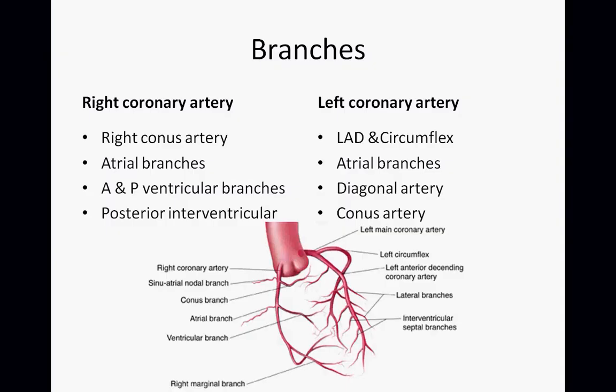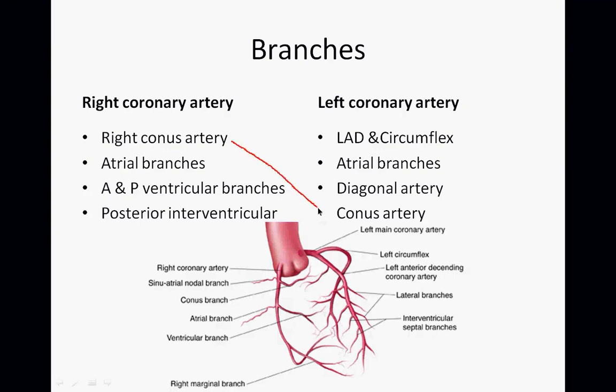Moving to the branches of coronary artery. I have just grouped them into four so that it's easier to understand. So we'll try to learn them by seeing the similarities between the branches of the right and left coronary artery. First we'll see about the conus arteries. Both the right and left coronary artery give rise to the conus artery.